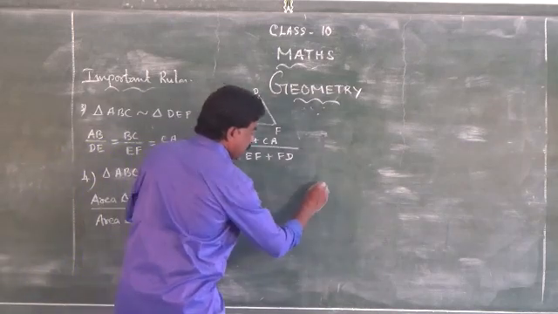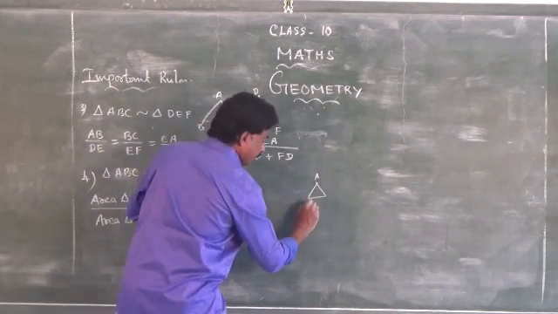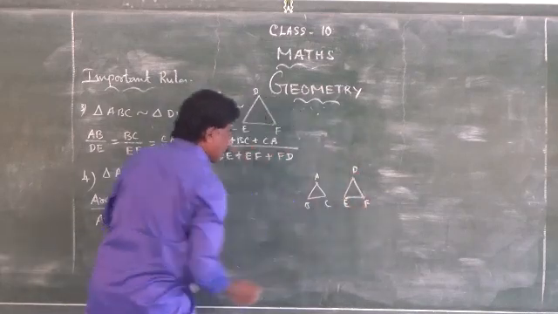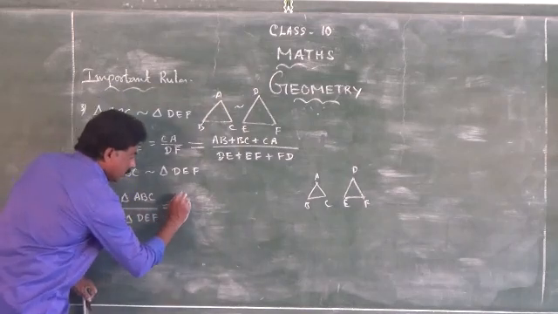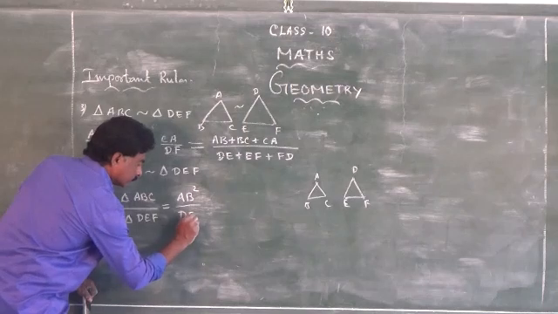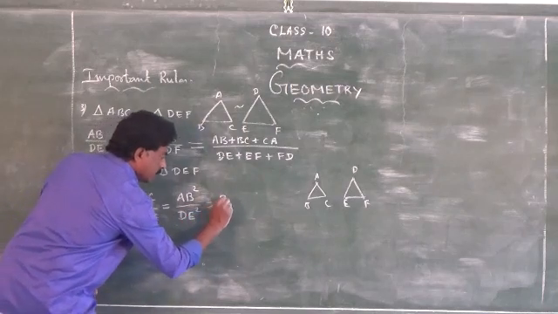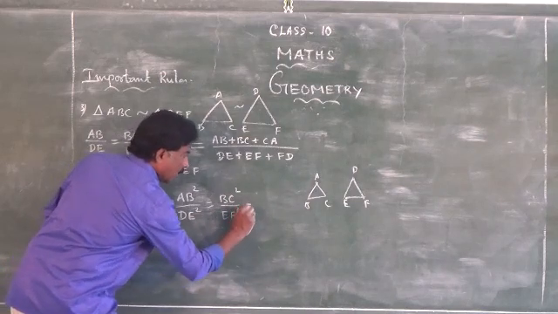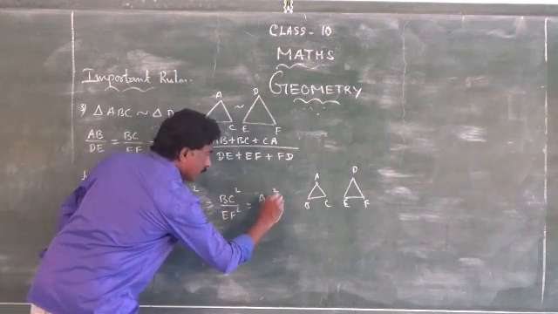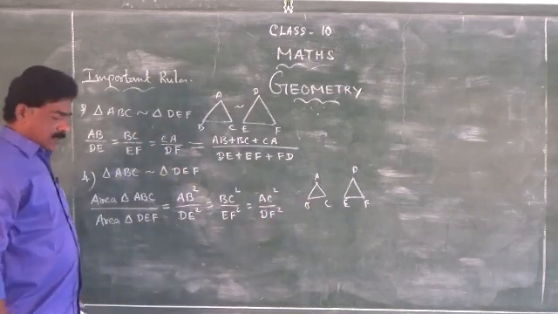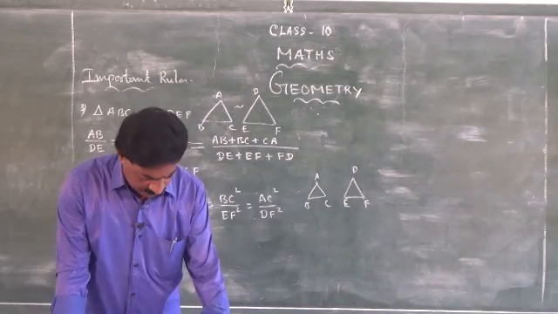The triangles are ABC and DEF, so squares of the corresponding sides: AB square by DE square, or BC square by EF square, or AC square by DF square. So that is the fourth condition.